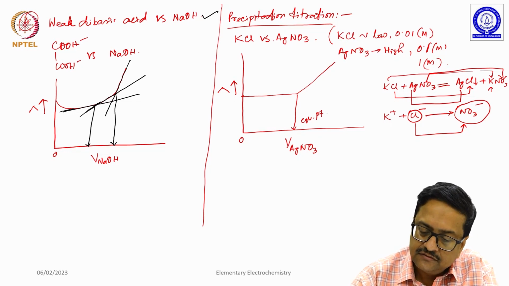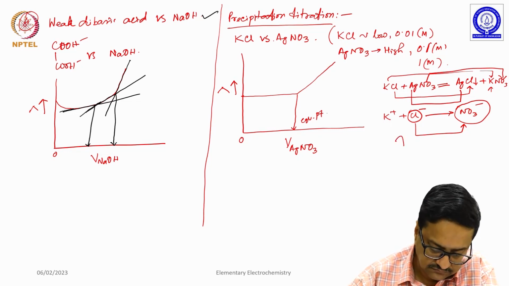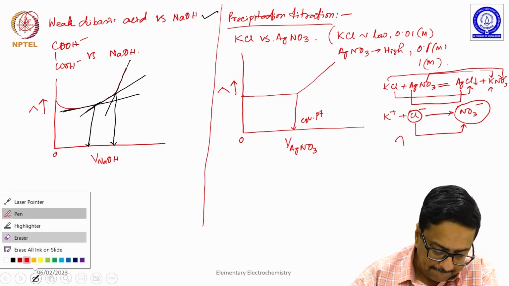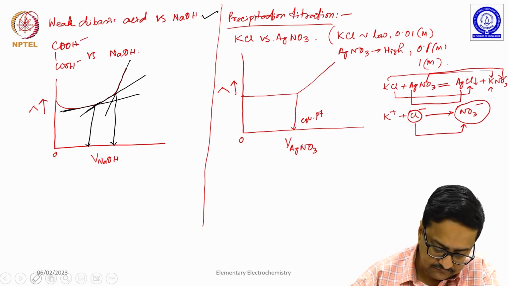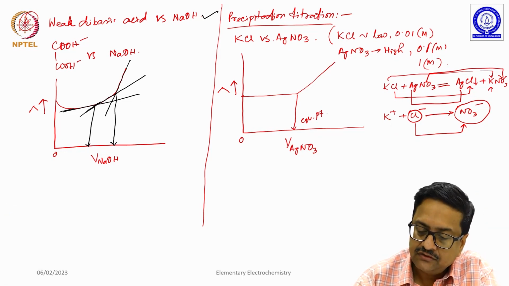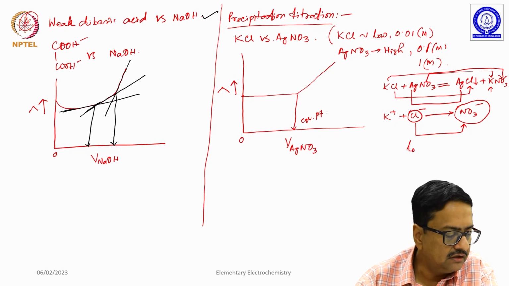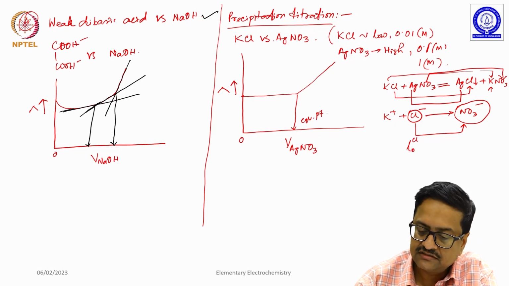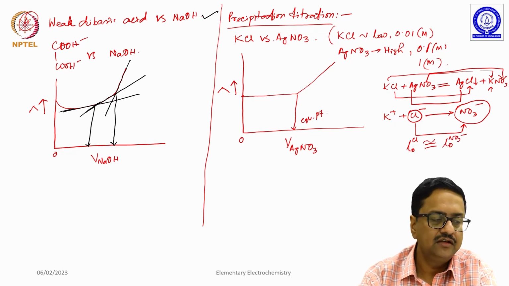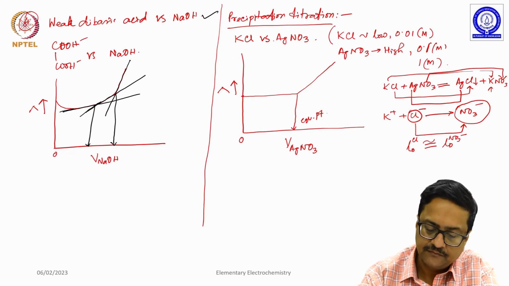So the value for L0 of Cl minus is about the same as L0 of NO3 minus, and hence you will get this kind of plot.